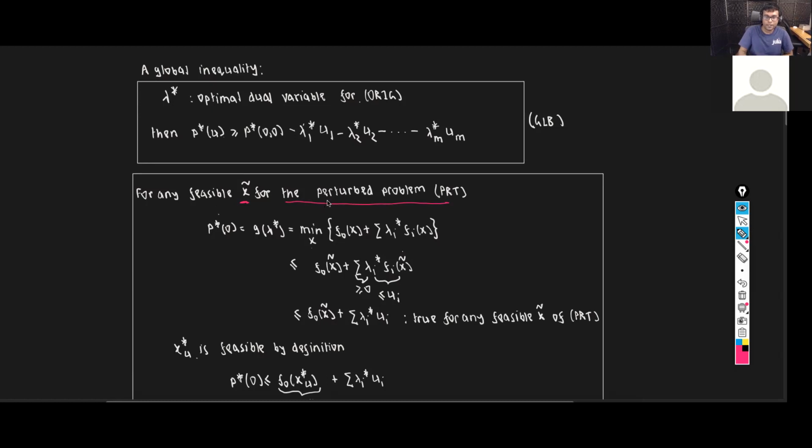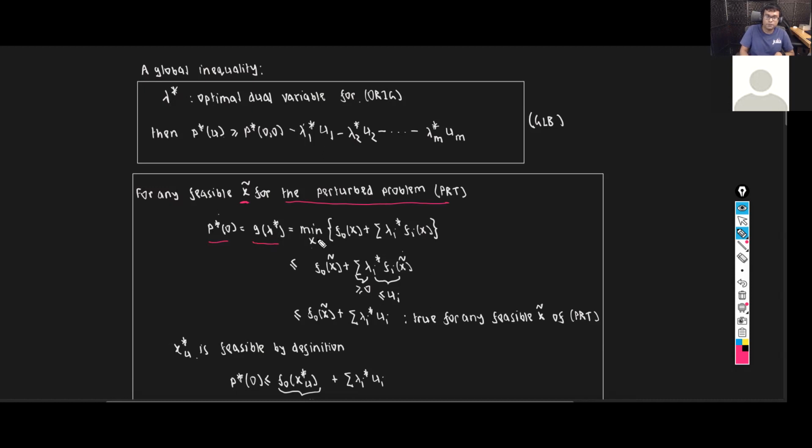Because it's a convex problem, we will not consider the pathological conditions under which strong duality does not hold; we will assume strong duality holds. Under those conditions, P star 0, the unperturbed problem's optimal value, is equal to the dual optimal value, which we denote by g(lambda star).